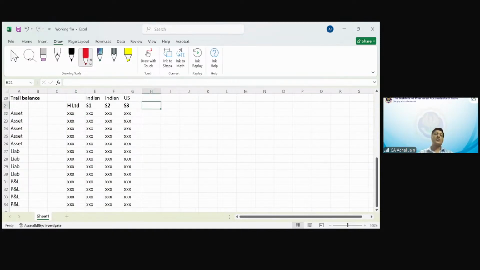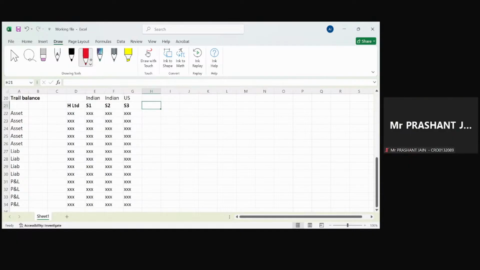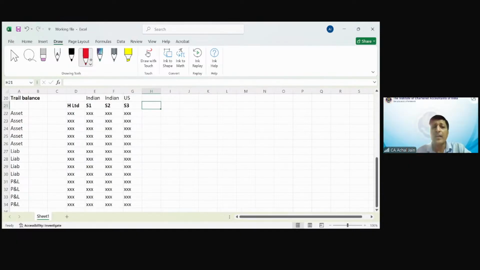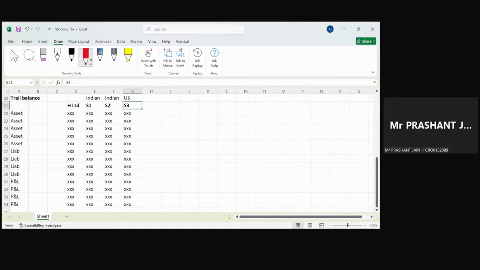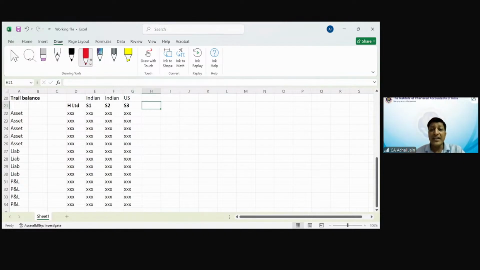So you will add H, S1, S2, S3. But is it possible for the holding company to consolidate the financial statements of S3 as it is? Conversion will be done. Very good. So before this line by line addition, you need financial statements of S3 in INR.